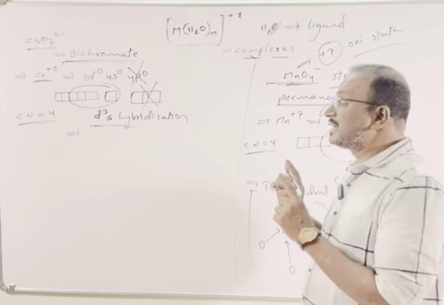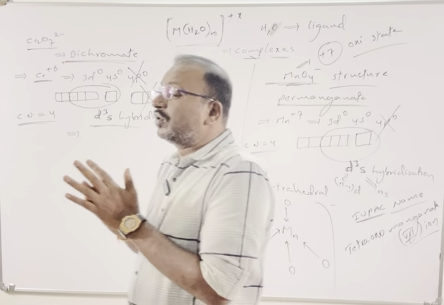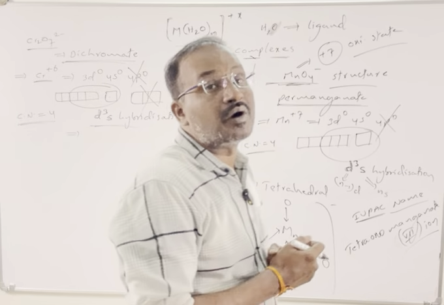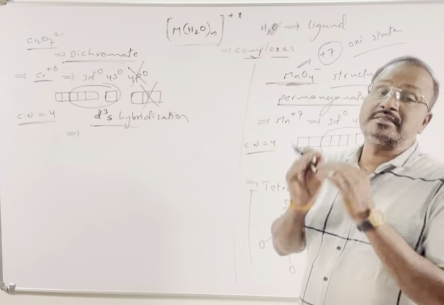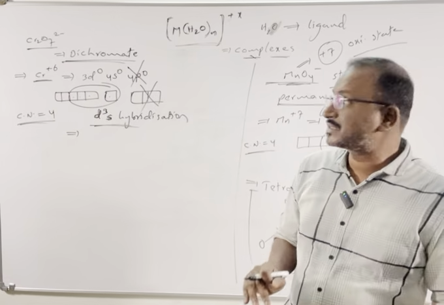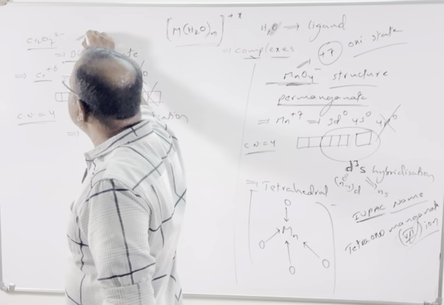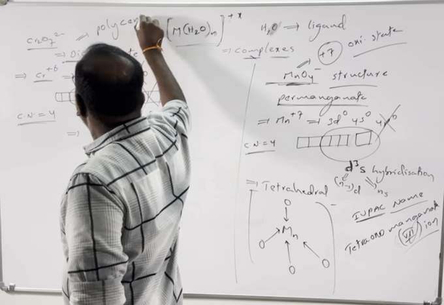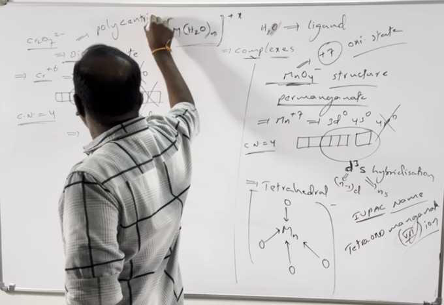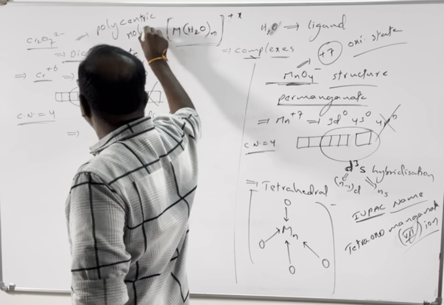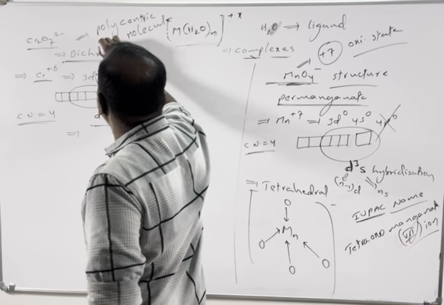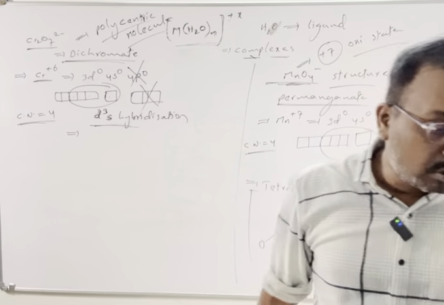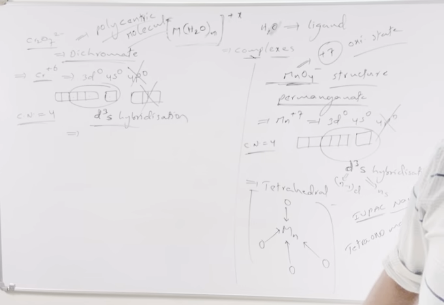And one more thing, it is not a single central atom molecule. It is a polycentric molecule, not a monocentric complex. It is a polycentric complex according to valence bond theory, because more than one central atom is there in this molecule.